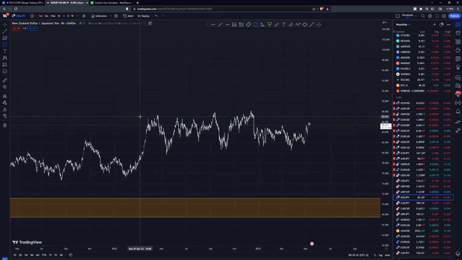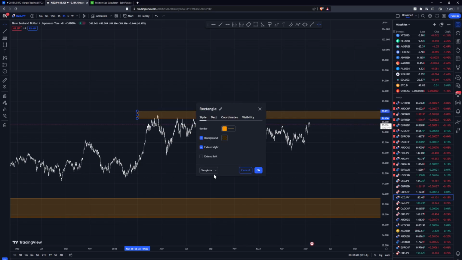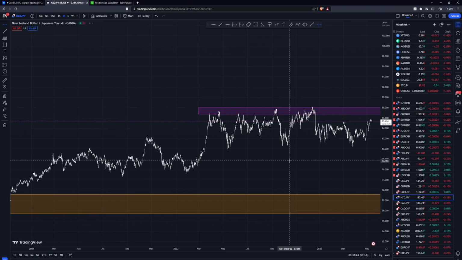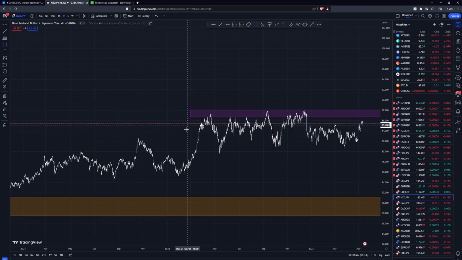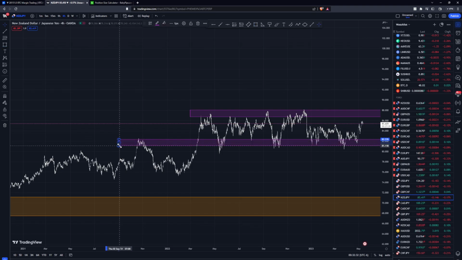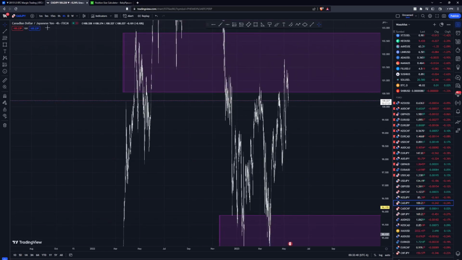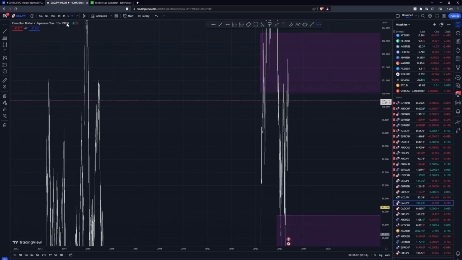We really just want to be working with very obvious areas of support and resistance, because that'll give me the highest likelihood of success when making my trading decisions. So yeah, just 2 clear zones like that. That's all I need. CAD JPY, same thing, weekly.